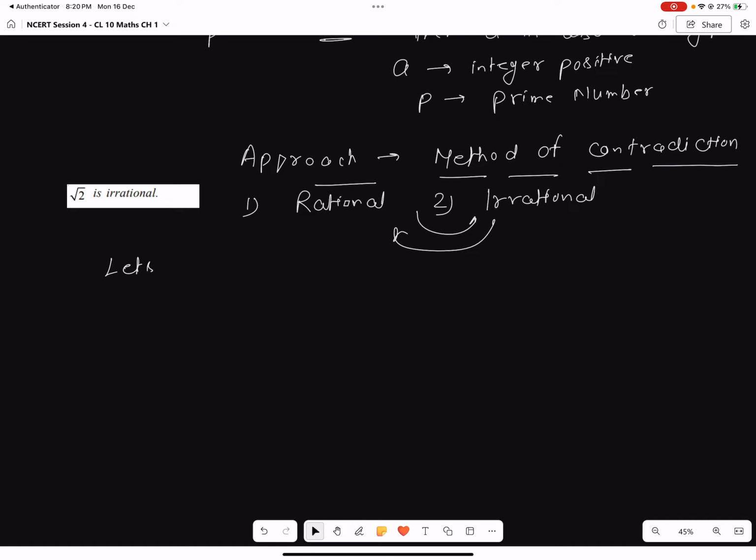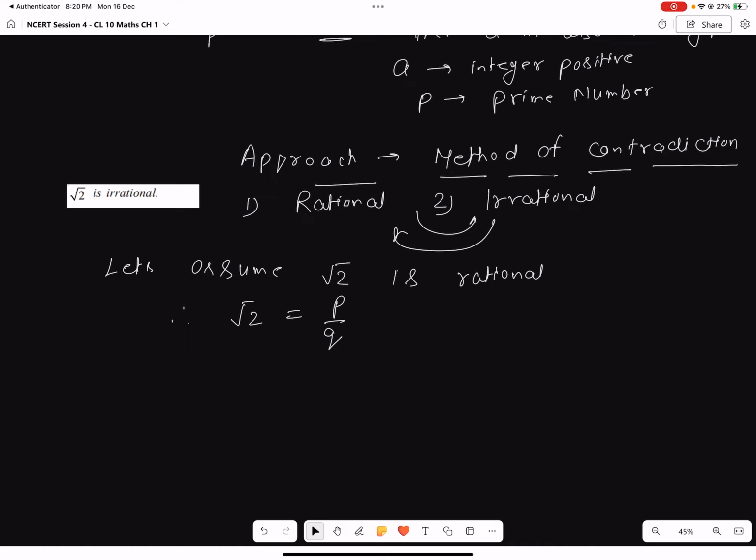So let's assume root 2 is rational, right? And if it is rational, then what we can say, root 2 equals p upon q.